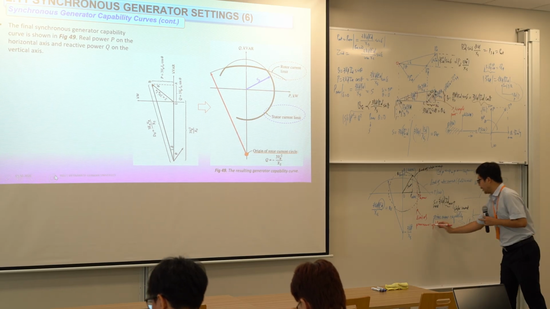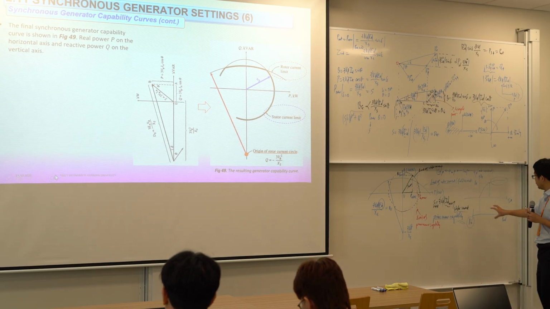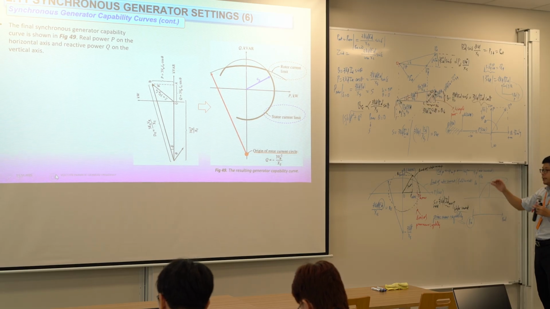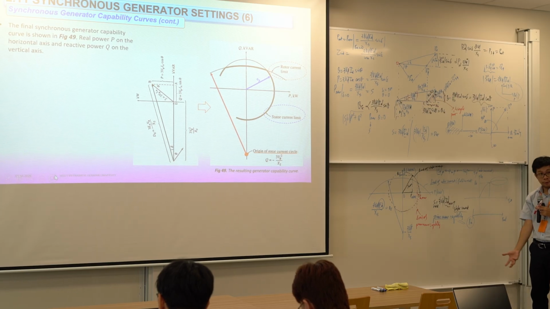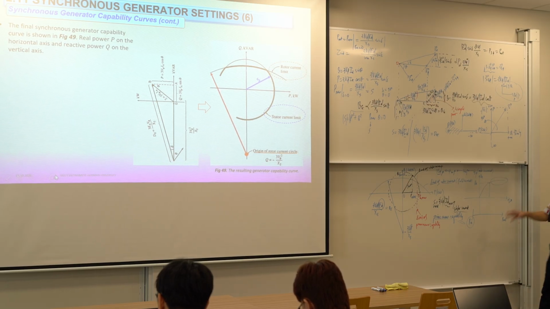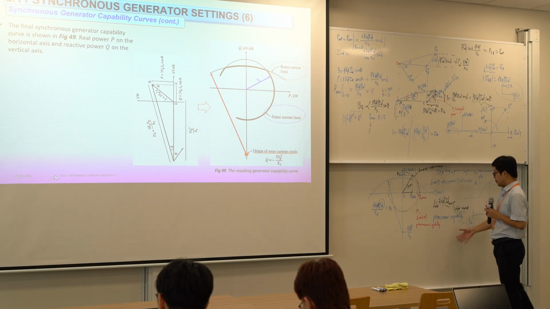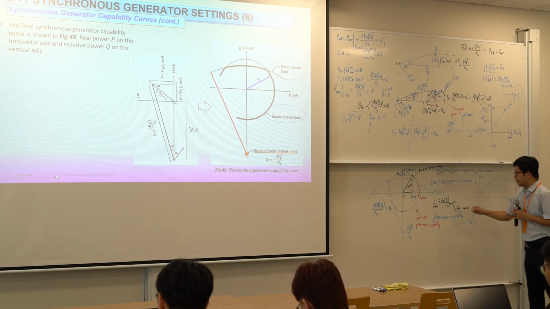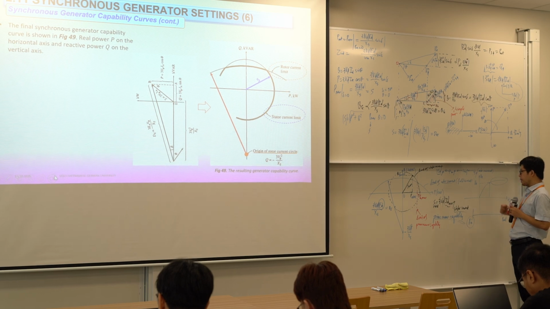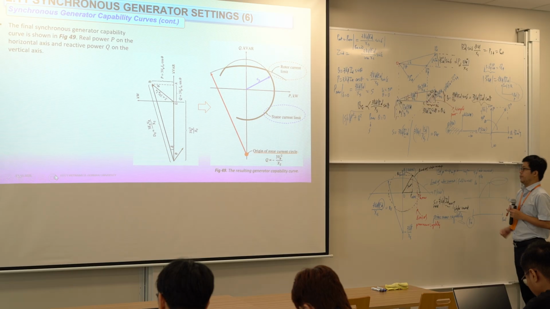If you need more output power, we need to control the dam, to control the water flow volume, right? But we cannot increase the water flow of water turbines as much as possible, because we have a limitation. The limitation of the water turbine means the capability of the prime mover.